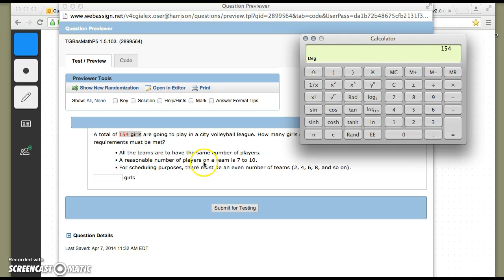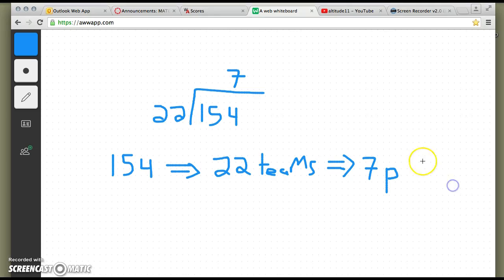A reasonable number of players on a team is 7 to 10. It contains 7, so it's at the lower end of this range. And for scheduling purposes, there has to be an even number of teams, and 22 teams would be even. So your answer here would be 7 girls. Alright, we'll see you next week.